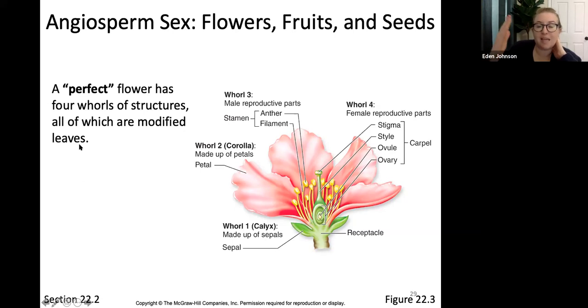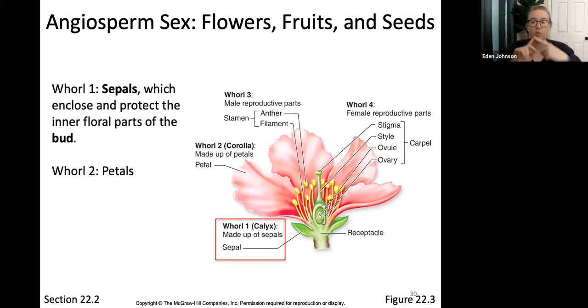This makes sense because angiosperms originally came from plants that only had leaves, that did not have these flowers. So every single whorl that we're going to talk about is a modified leaf with a new function.